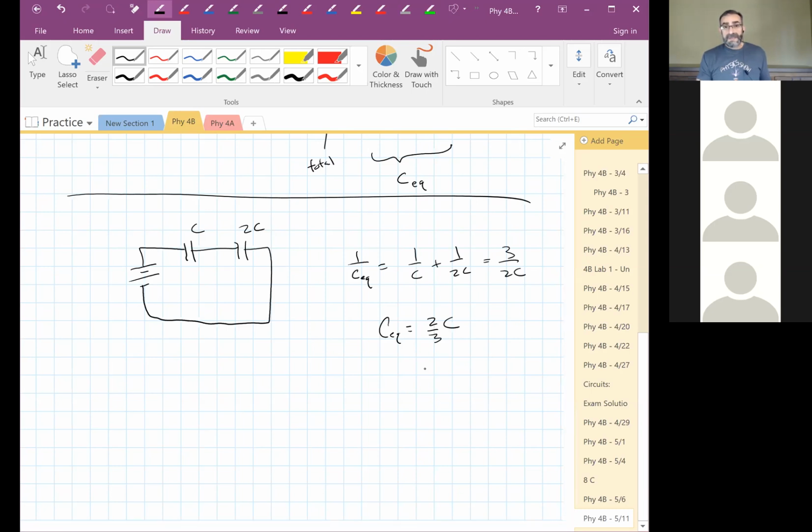Okay, they're in series, so it's just the opposite of resistors. In series, the capacitance adds this way. 1 over C1 plus 1 over C2 is 1 over C equivalent.